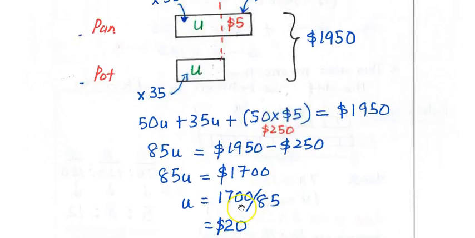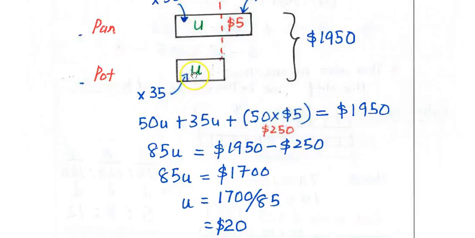It means here this U is $20. One pan is $20 plus 5. One pan is $25. One pot is here $20. By itself $20.